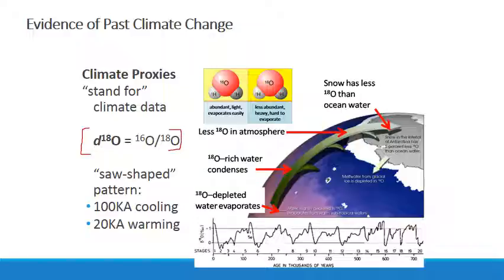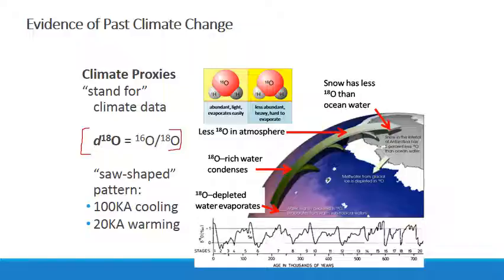The atmosphere and the ocean contain both of the isotopes, and because O16, with molecular weight 16, is lighter than O18, it's easier for it to evaporate from the ocean during times of ice cap growth.